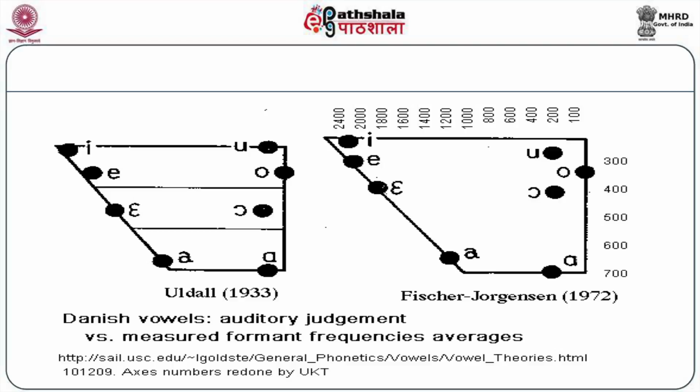measured formant frequency averages. When you look at them and compare them, you find that they are fairly close to each other. Although the vowel trapezium on the left can be said to be subjectively proposed and on the right to be instrumentally proposed, we find that there is a fairly good fit between the two.